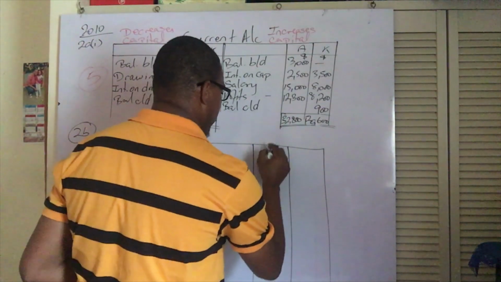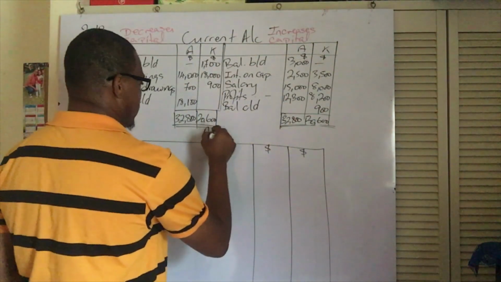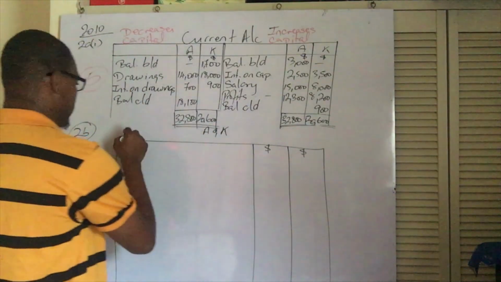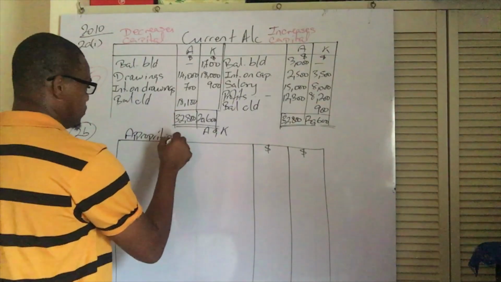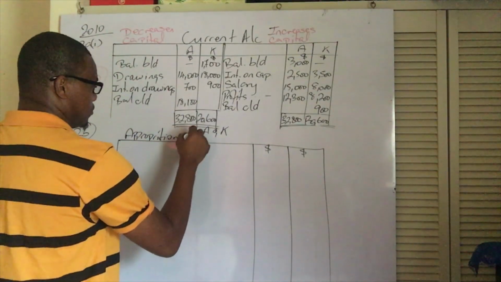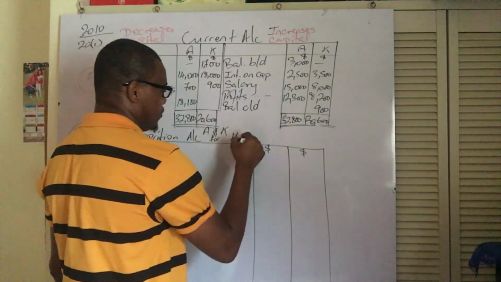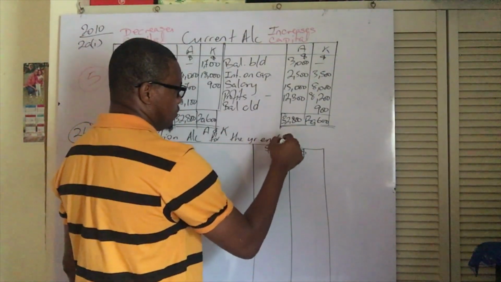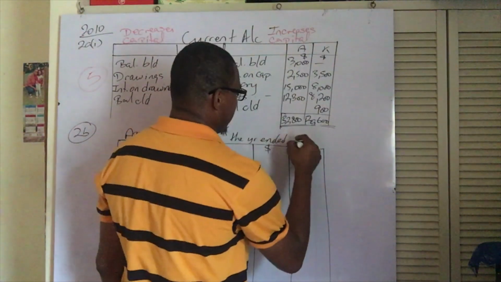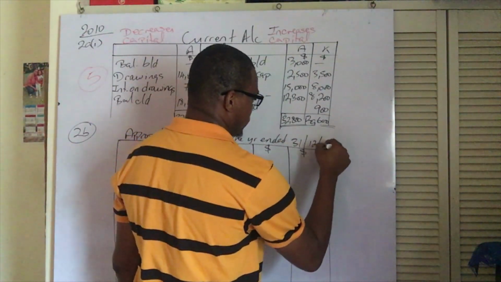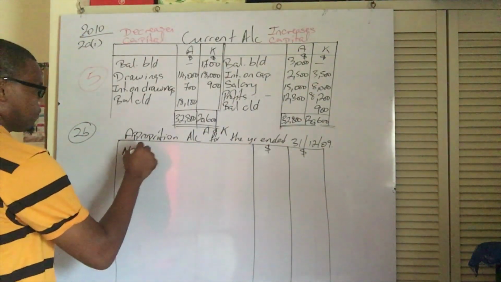So this is our appropriation account, right? So Angel and Carissa appropriation account for the year ended 31st of 12/09. All right. So the net profit figure.